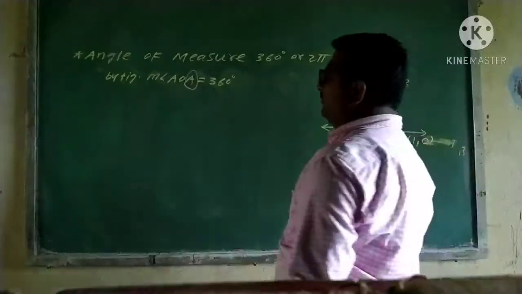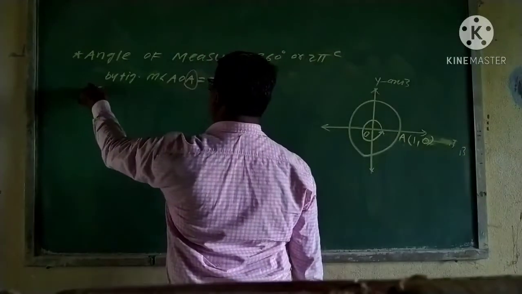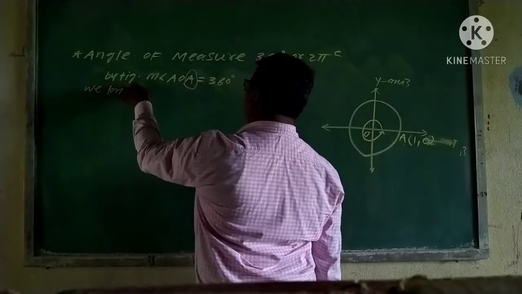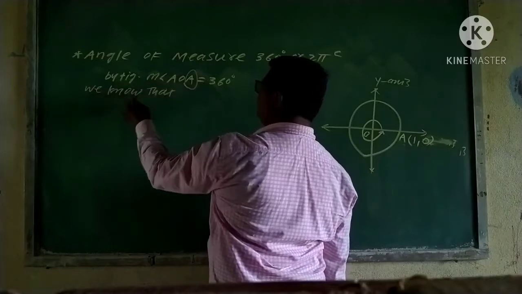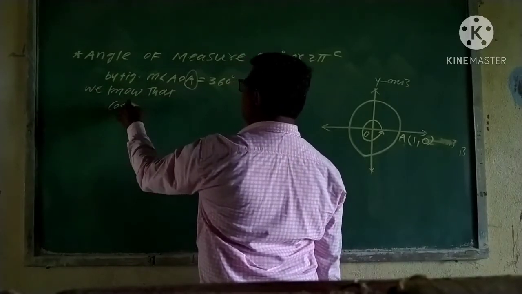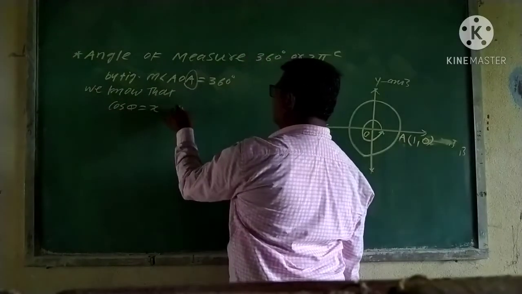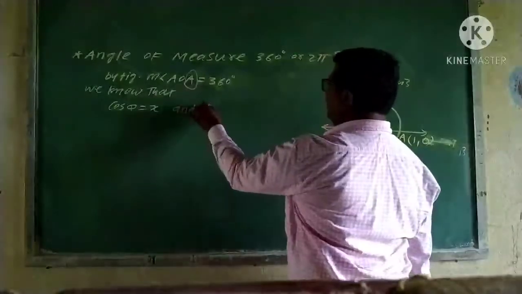Now here we know that cos of theta equal to x and sin of theta equal to y.